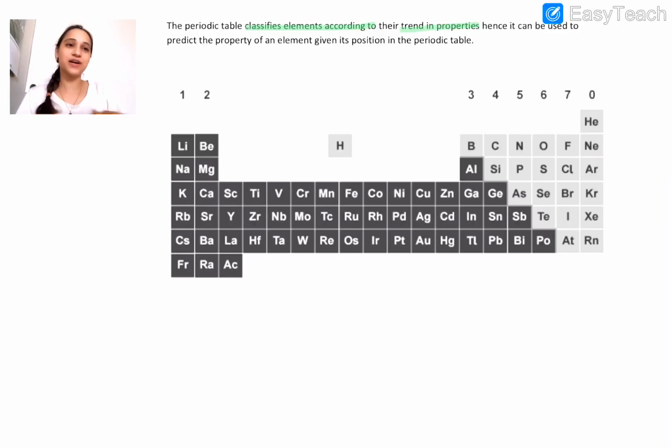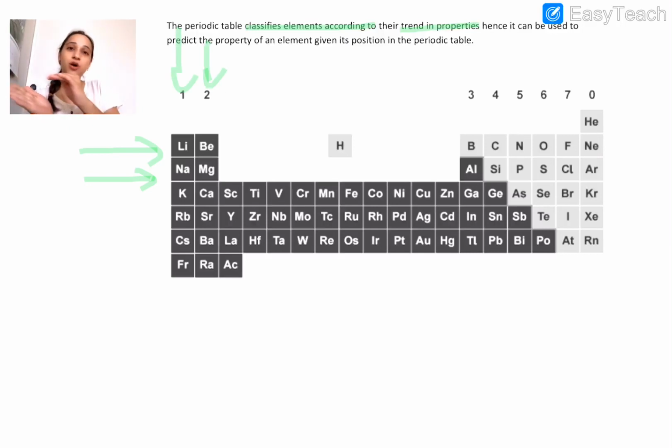When he classified the elements, he grouped them according to properties that they had. So we find that elements in the same group, for example, have similar properties. And as we go across a period, remember these are the periods, the horizontal rows, and the columns are the groups.